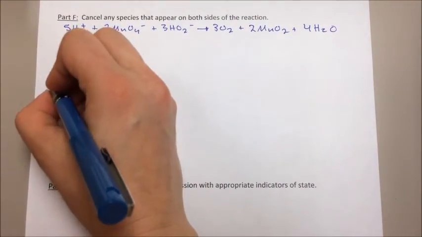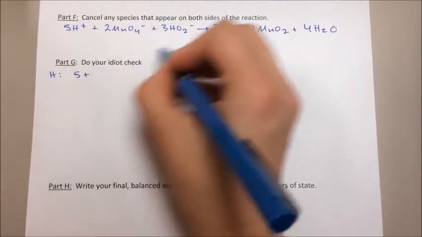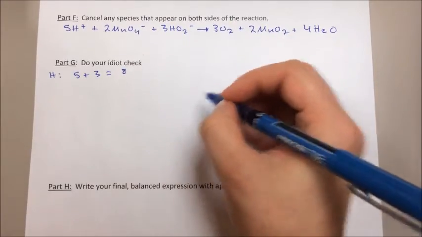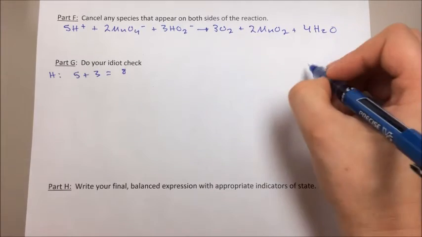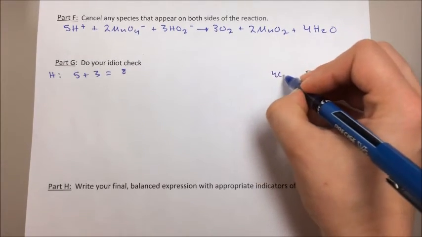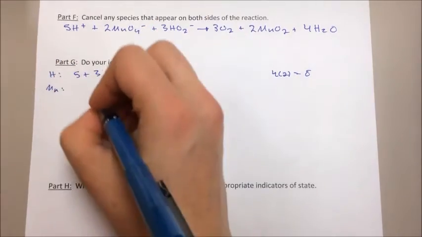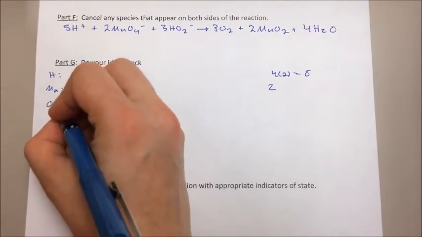We're going to start by counting up the hydrogen on each side. We've got 5 plus 3, which is 8. Then on this side, we've got 8, which is 4 times 2. We're going to check our manganese. 1, 2, 1, 2. We're going to check our oxygens.